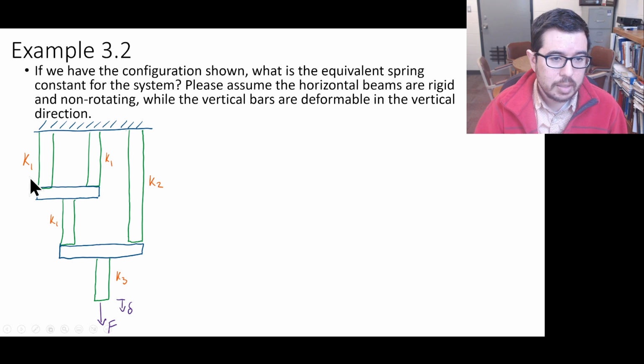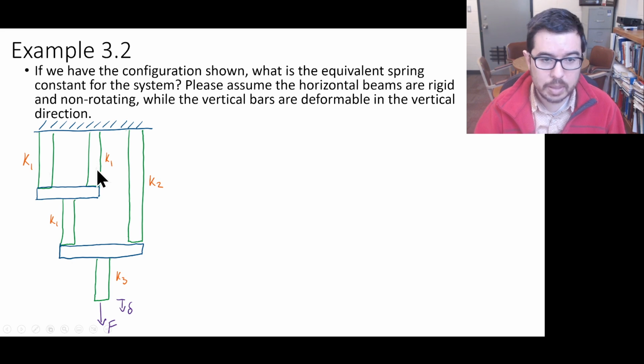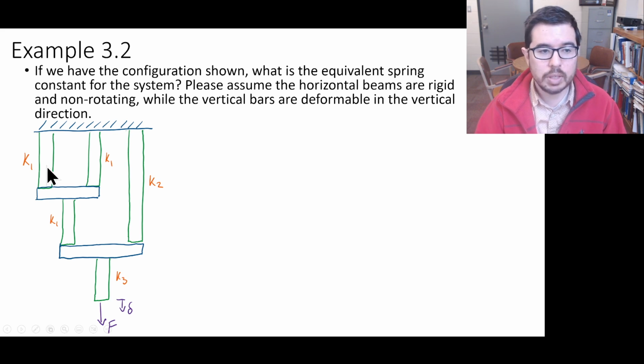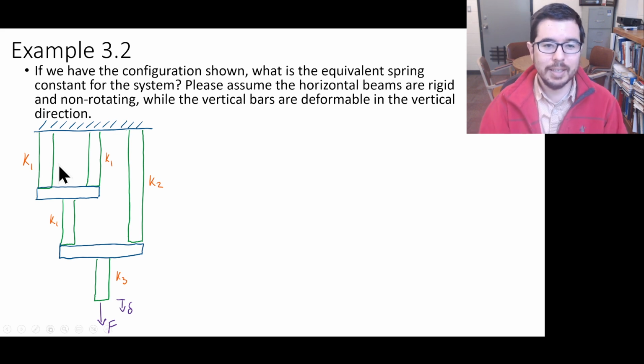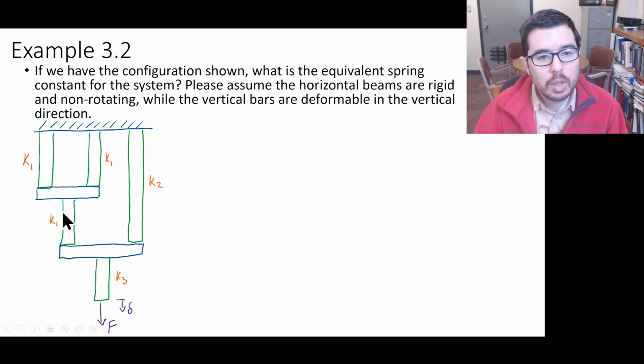And in this case, we're also going to say that these different parts of the system are symmetric, okay? So we don't have to worry about moments. So the force in this member is going to be the same as the force in this member, because they have the same coefficients of springiness, same spring constants, okay?